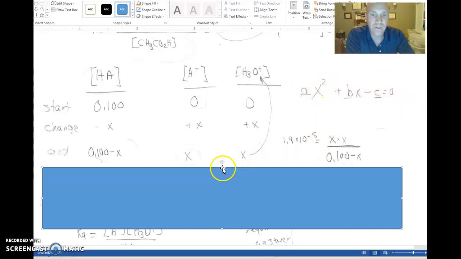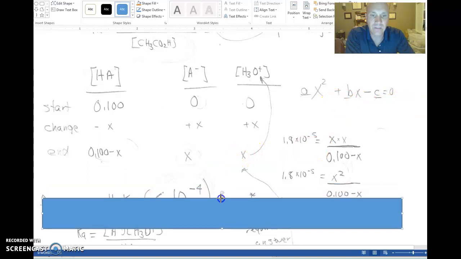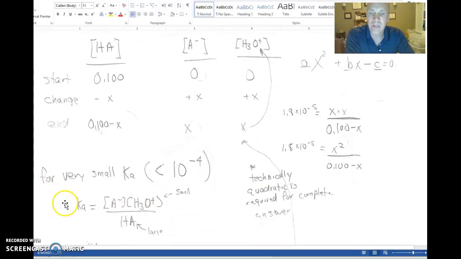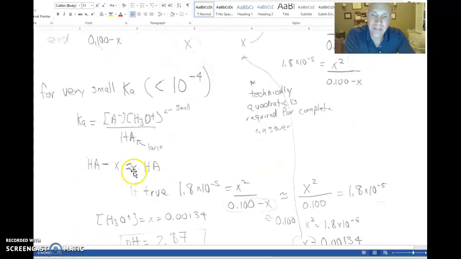But we're going to use a little assumption that's going to make this easier. I'm going to get rid of this. For any time you have a small Ka, and by small I mean anything less than 10 to the minus fourth, you're able to make an assumption. If your Ka is very small, that means your numerator is very small and your denominator is very large.